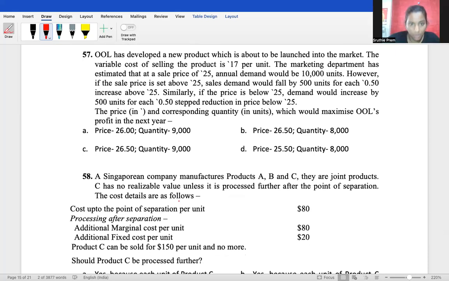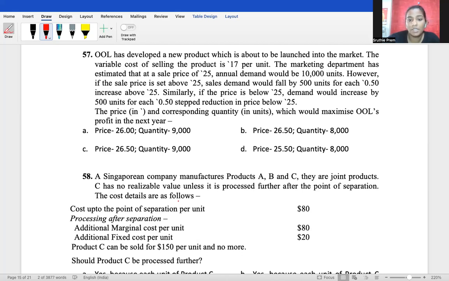OOL has developed a new product which is about to be launched into the market. The variable cost of selling the product is rupees 17 per unit. The marketing department has estimated that at a sale price of rupees 25, annual demand would be 10,000 units. However, if the sale price is set above rupees 25, sales demand would fall by 500 units for each 0.5 increase above 25 rupees.